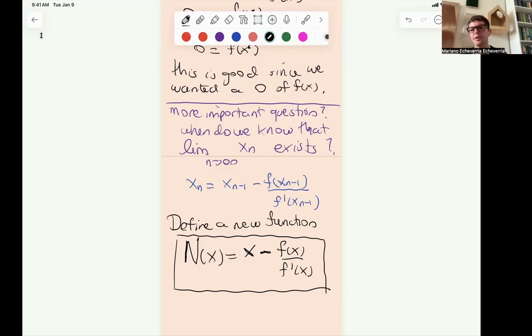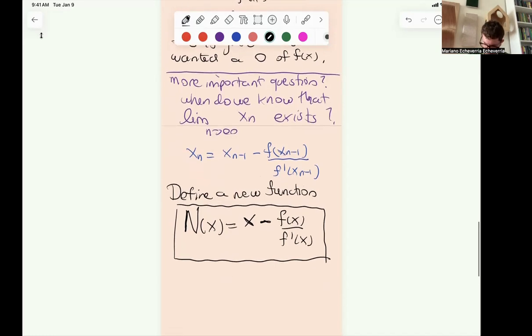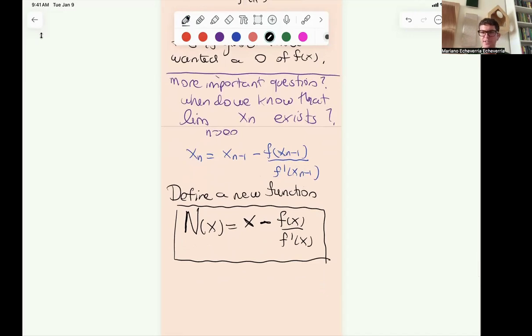And the nice thing about this function is that if you write it that way, then the sequence can be rewritten in a nicer way using this function.